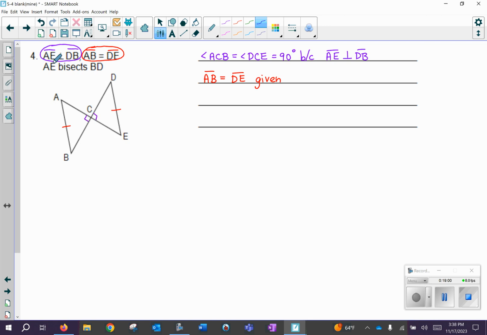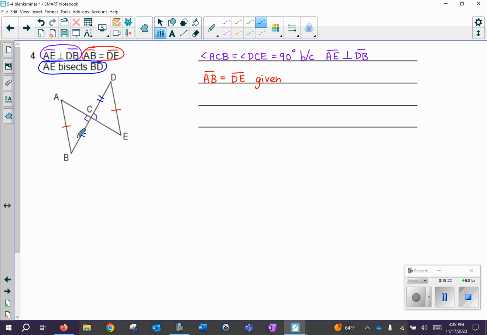I need another piece of information. Here's AE bisects BD. AE is the knife cutting BD, the loaf of bread, in half. So if AE is cutting through BD, here's the pieces that are equal.